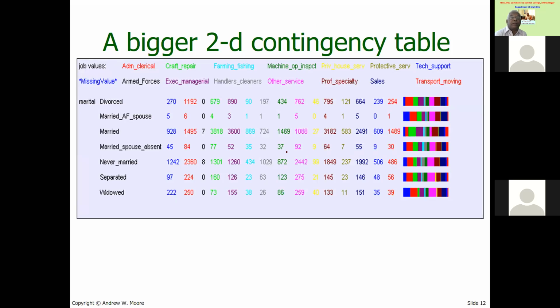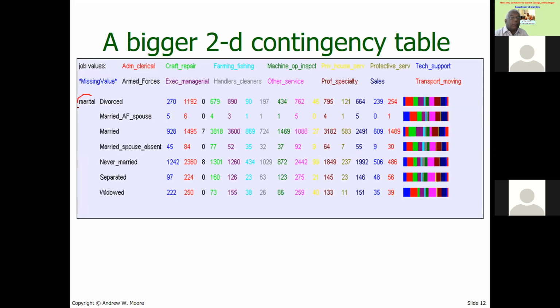Let us see this. It is again another two-dimensional contingency table. Now, what is this two-dimensional contingency table? You can see that one feature is marital status.